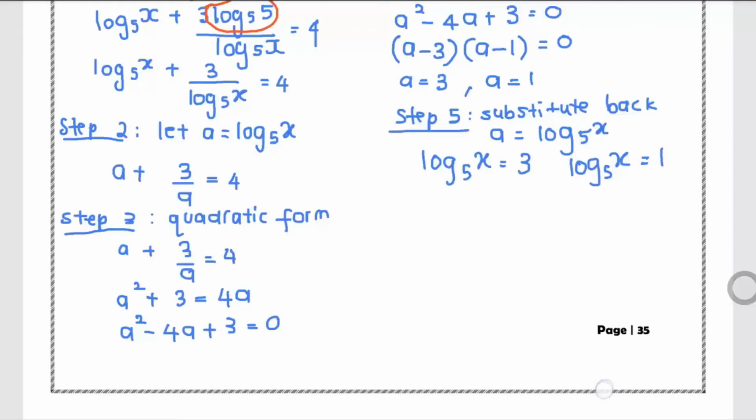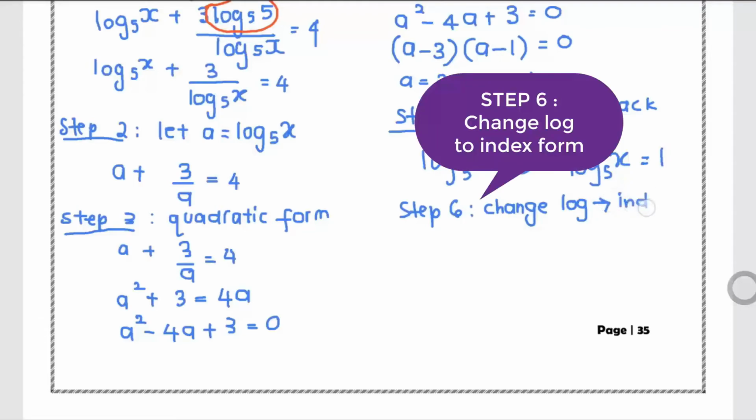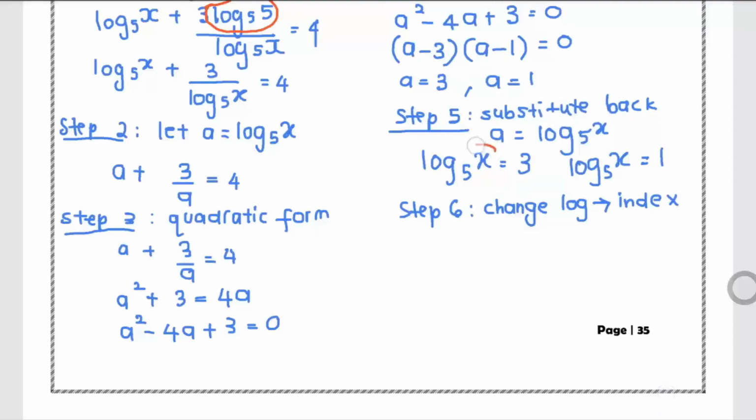Then the last step is to change our log to index form. Why do we need to change log to index? Because we want to find the value of x here. From step 5, we only have log, but now we need to find the value of x. That's why we need to change log to index.